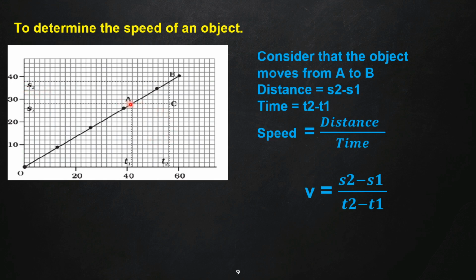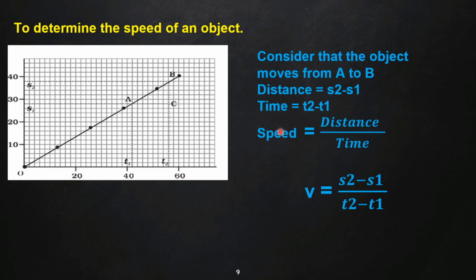Also, we have to consider a line parallel to the y-axis from A which comes at T1, and another line parallel to the y-axis from B which comes at the point T2. So, we can find the distance as S2 minus S1 and the time as T2 minus T1.